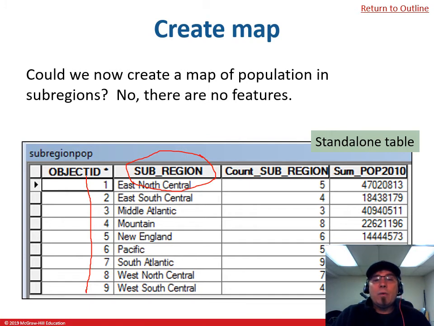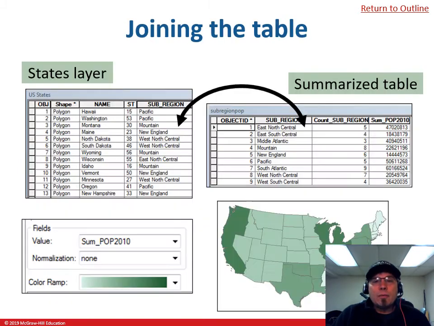So therefore we could take this output table, and you guessed it, once we have the output for the summarized table, we can join it back up based on the subregion field, which is also in our states layer. Now, because this has no points, lines, or polygons, you cannot initiate a join with the source table.